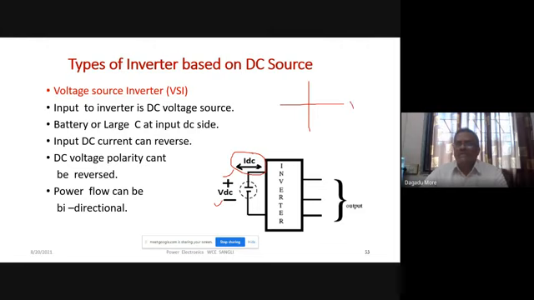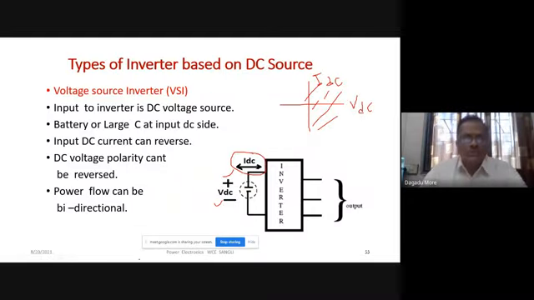Let us assume the x-axis is VDC and the y-axis is IDC. We have seen that for this inverter IDC can be positive or negative, so this will always be the two quadrant operation of the voltage source inverter.